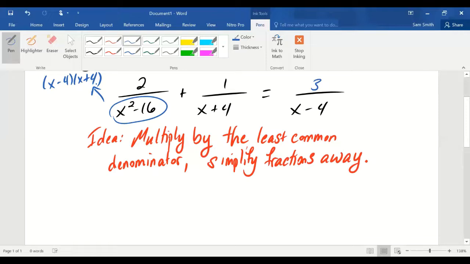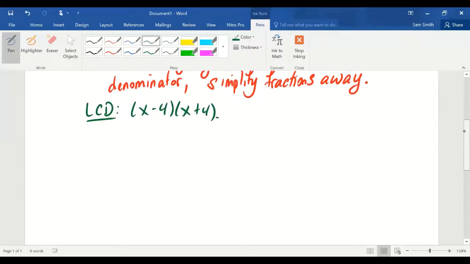And so, the least common denominator of these three fractions has to consist at least of x minus 4 and x plus 4. And that will be big enough to handle these other two denominators as well. So, let's record that. The LCD, the least common denominator of these three fractions, is x minus 4, x plus 4.